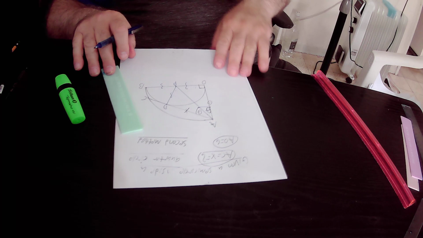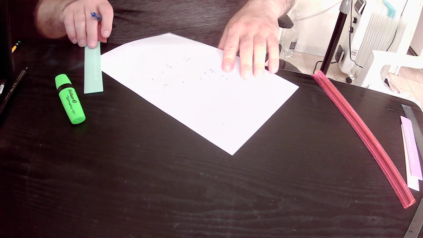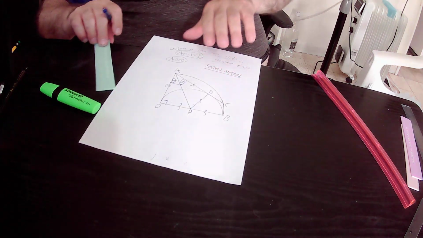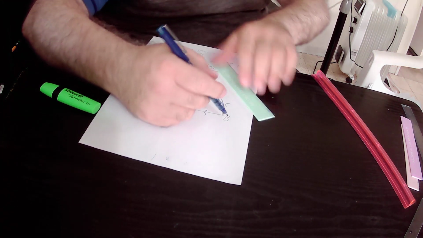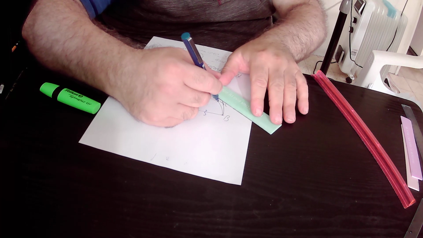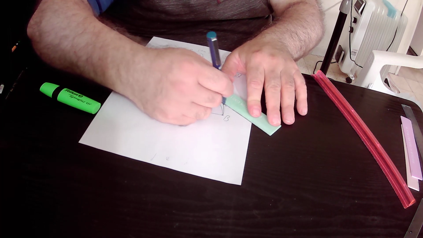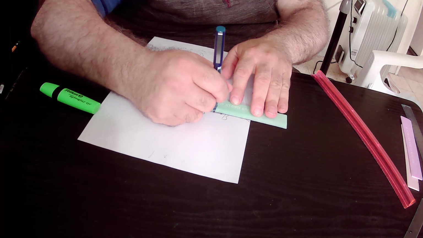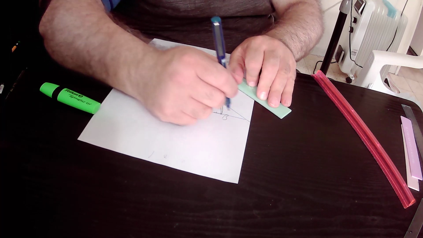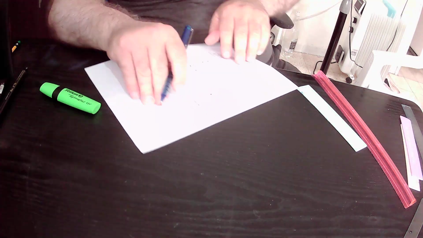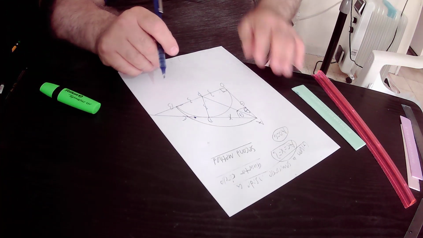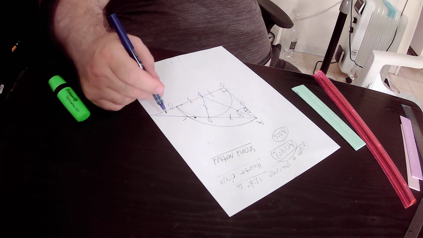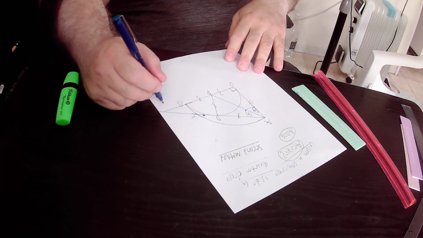We will extend line segment AC and also line segment OB by a straight line until they intersect with each other. I repeat again, we extended line segment OB and line segment AC by a straight line until they intersect with each other.